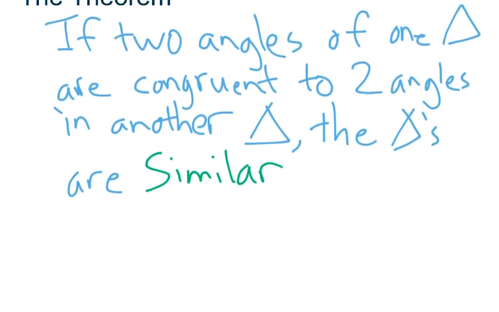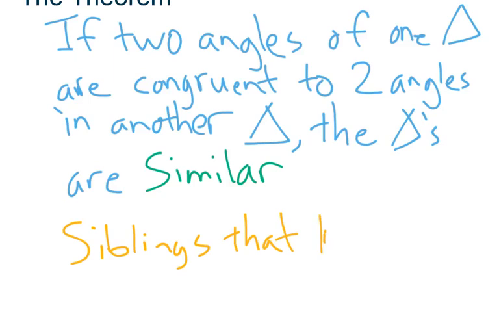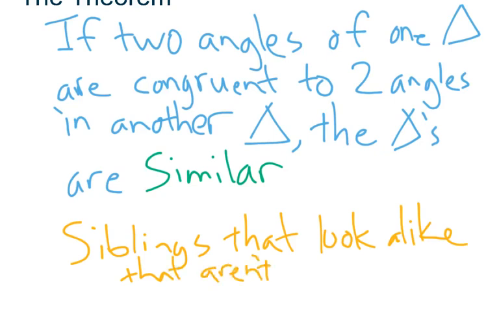Now what I want you to think of when we talk about this theorem is siblings that look alike that aren't twins. Think about siblings who are maybe a couple of years apart, yet they look very similar.